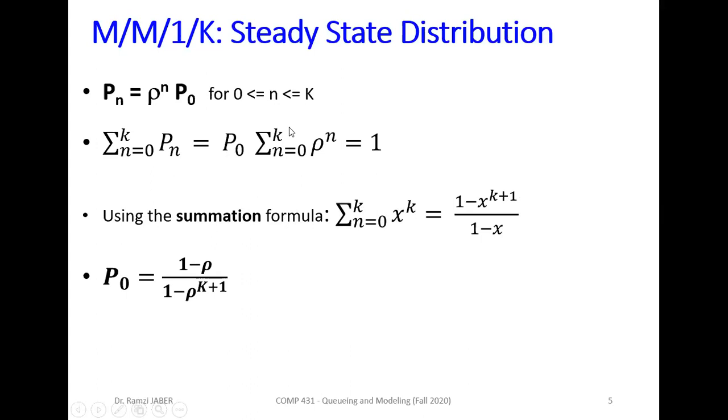So we apply this. P0 equals 1 over this summation, and this summation is 1 minus rho to the K plus 1 over 1 minus rho. It is the inverse, so P0 equals 1 minus rho over 1 minus rho to the K plus 1.